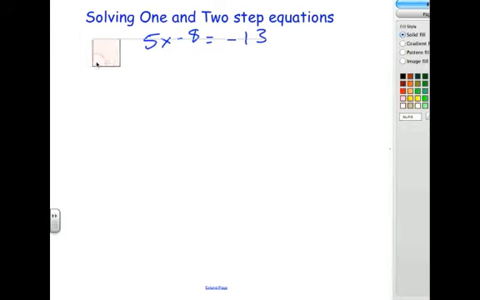Okay, and I'm just going to cover up this 5. For right now, I am pretending this equation is x minus 8 equals negative 13.